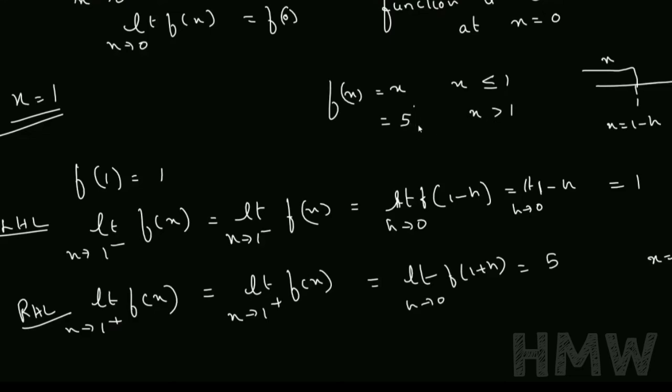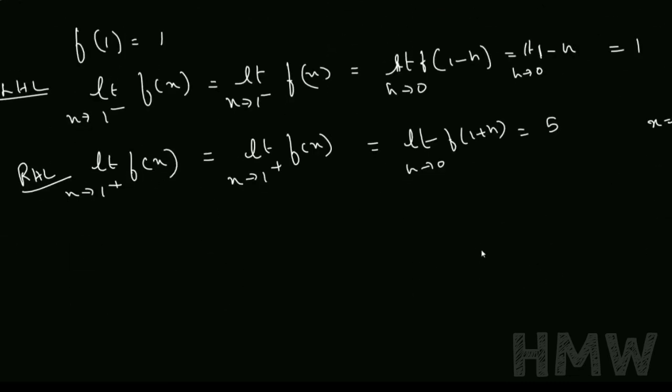Okay, so less than 1 it is given as 1, and if it is greater than 1 it is 5. So we can see that left hand limit is not equal to the right hand limit. Therefore the limit doesn't exist.